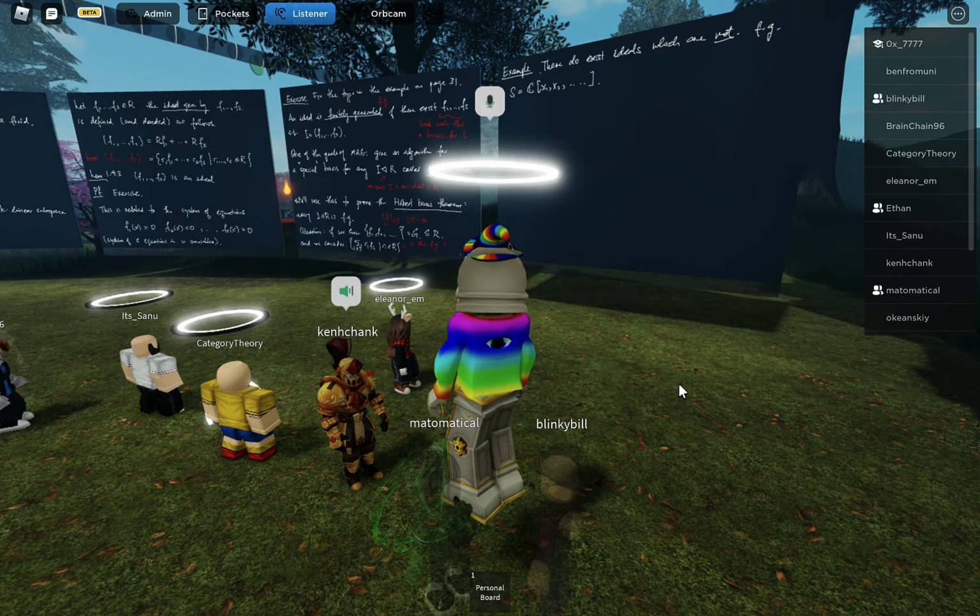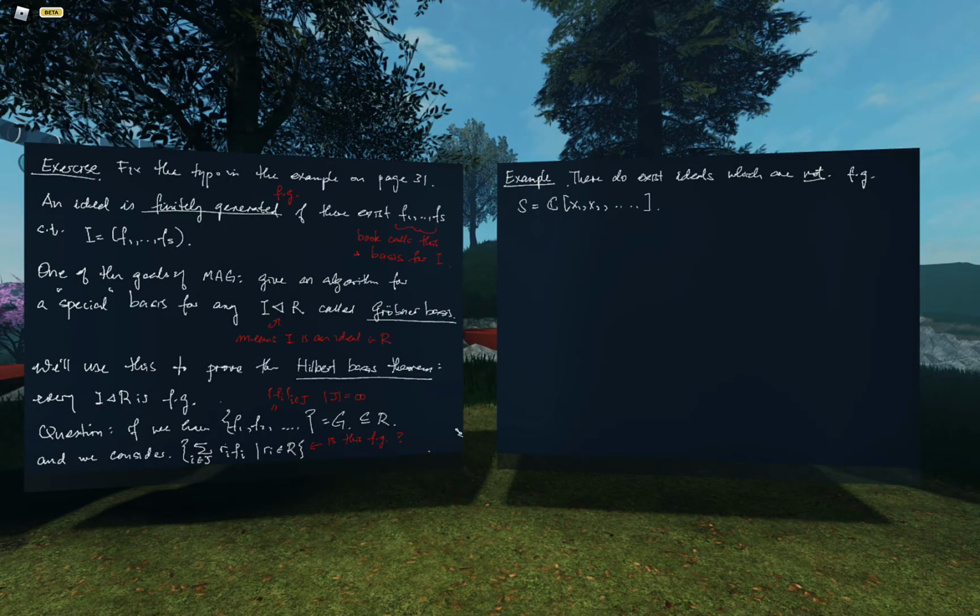Here I'm going to go outside of that and write down a polynomial ring with coefficients in the complex numbers, with an infinite number of variables, indexed by the natural numbers. This ring has an ideal which is not finitely generated.